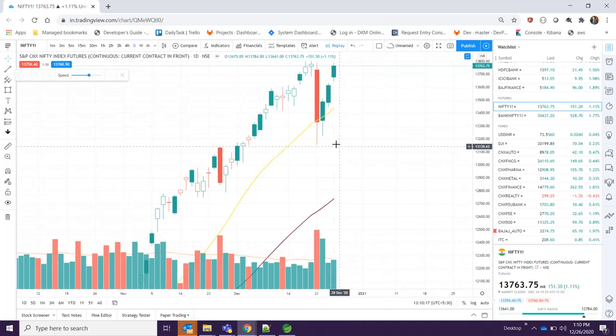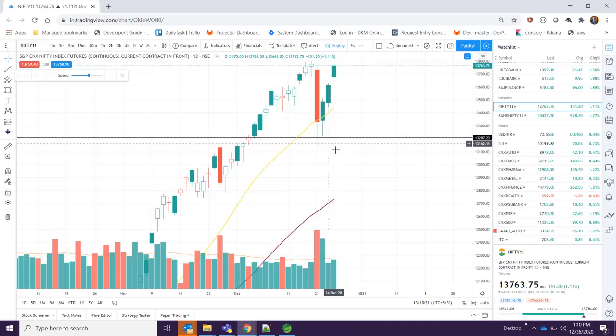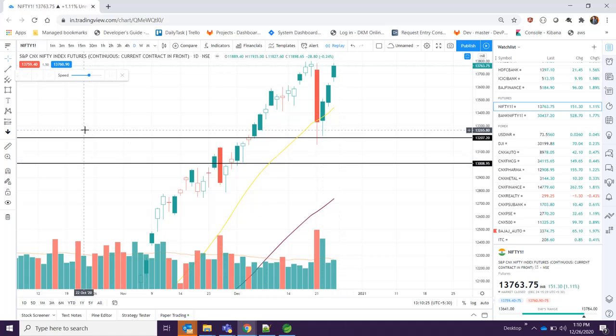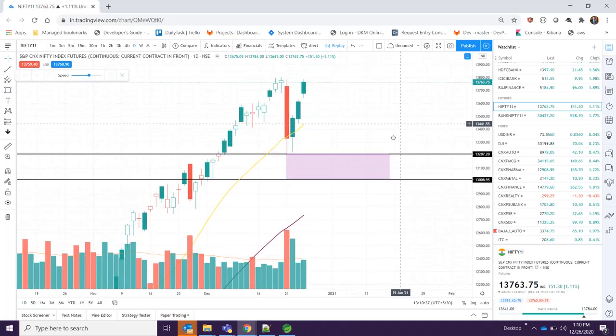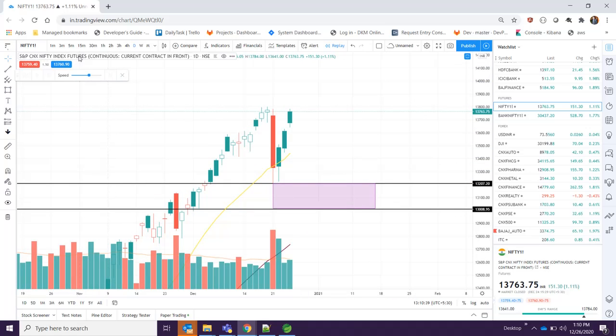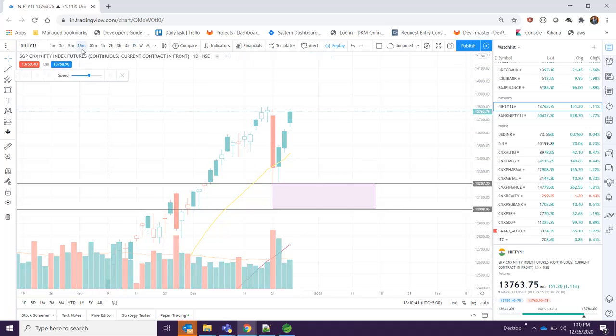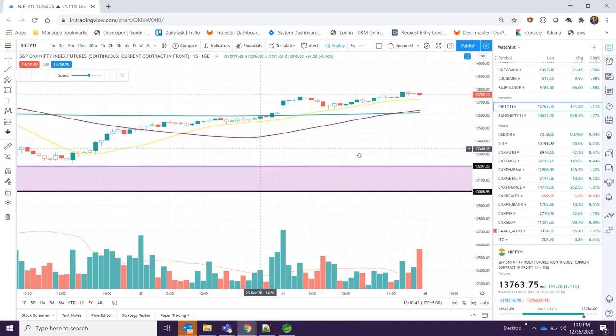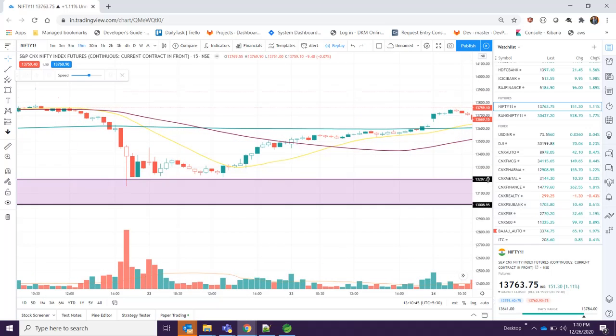So see, this is a demand zone, and let me quickly highlight it with a rectangle. After marking the demand zone, similar steps you have to follow. Move to the 15-minute and see.